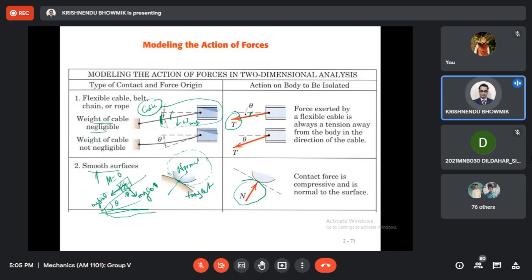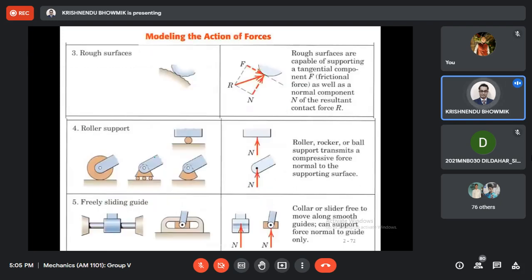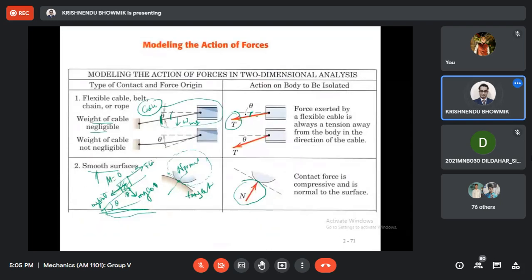Maybe I have added some force like this, force F, and it is making some angle, say alpha. Let's remove it and represent it by F cosine alpha and F sine alpha. Maybe there is some friction, and it will try to slide along here. So frictional force is mu, the coefficient of friction, multiplied by N. What is N?